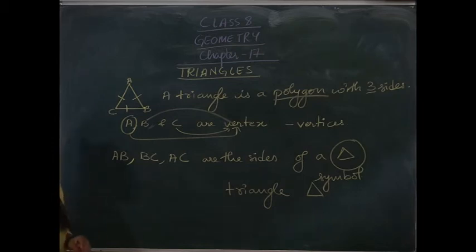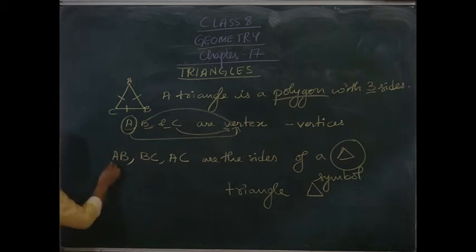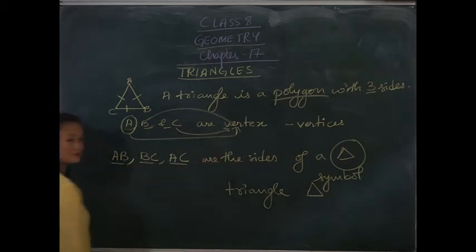And remember, it's not necessary that it has to be ABC. It can be any letter of the alphabet. It can be D, E, F. It's up to you. So you can see there are 3 vertices and 3 sides of a triangle.